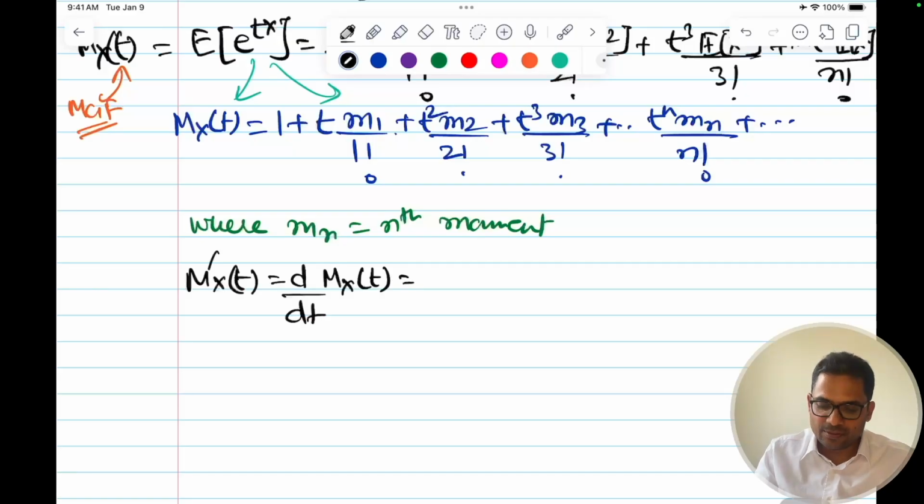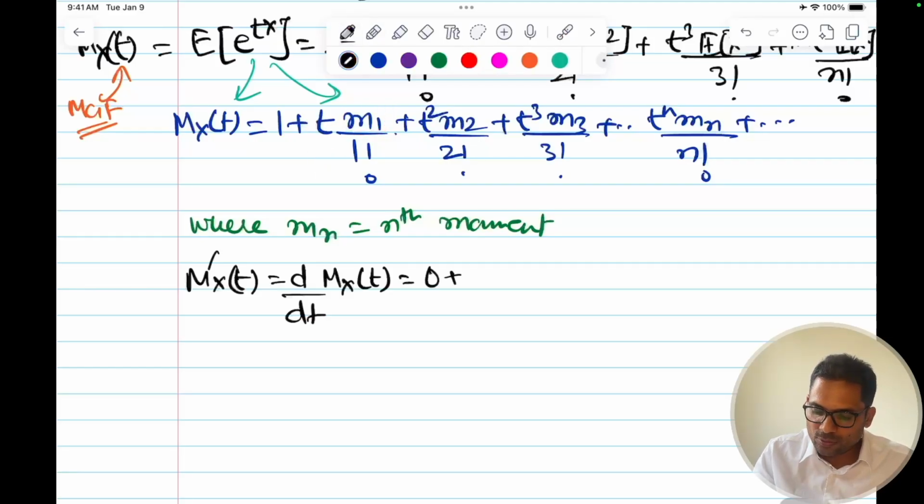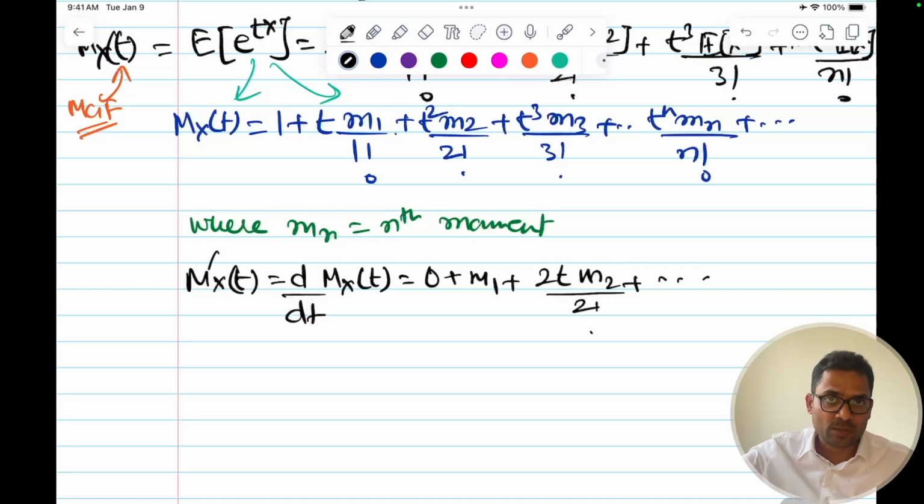So what will this give? This is the equation of M_X(t). This one is constant, this becomes 0. The derivative of t will become 1, and this m1 will be as it is. So this will give me 0 plus m1. This t square will give me something like 2t times the second moment by 2 factorial plus so on, and there will be more terms, higher terms of t.